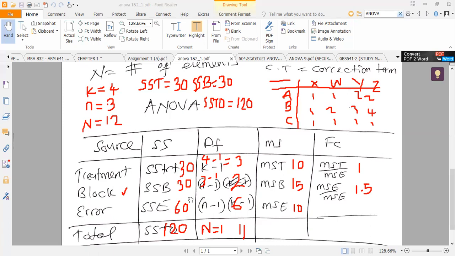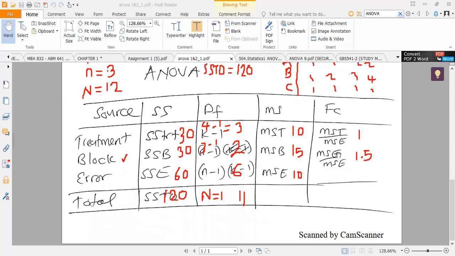Alternatively, n is simply the total sum of square degrees of freedom, n minus 1. So when subtract 12 minus 1, you still get the same 11. Then this 10 now, we divide it into each of these ones. 10 into 10 is 1. 10 into 15 is 1.5. That is how we balance up that table.